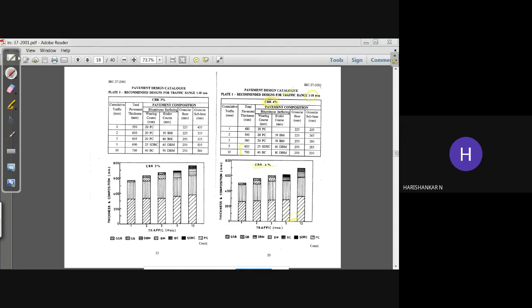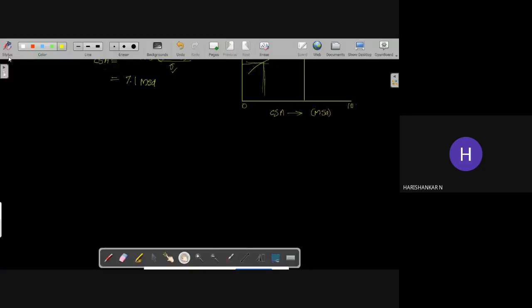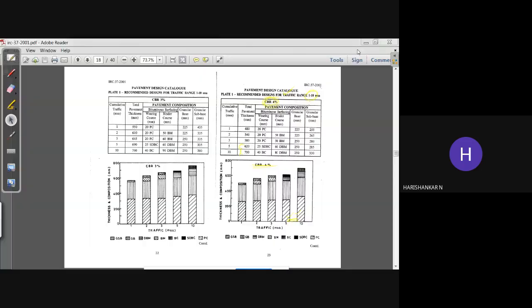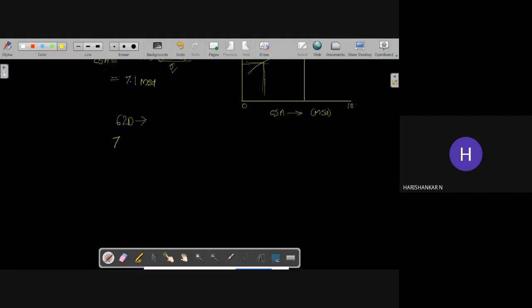So how to find out the corresponding thickness for 660? I know that for 620 they have given the thickness value, and for 700 also they have given. So now I can simply tabulate the values just like this.